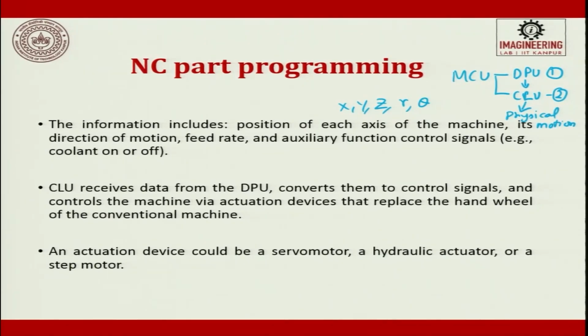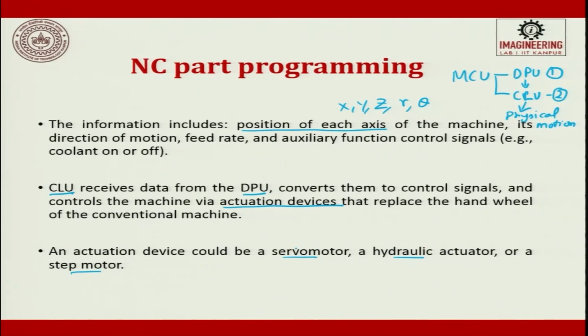Spindle on, spindle off, tool move, coolant on, all these things are going to be controlled by the CLU. The CLU actuates devices, very important, note it down: CLU actuates devices, DPU handles position, etc. An actuation device includes a servo motor, hydraulic actuator or a stepper motor or step motor.